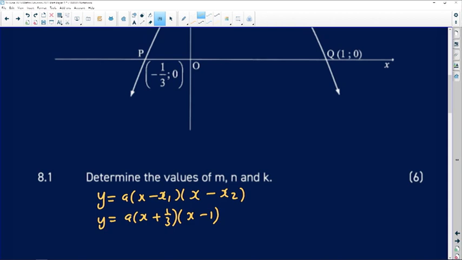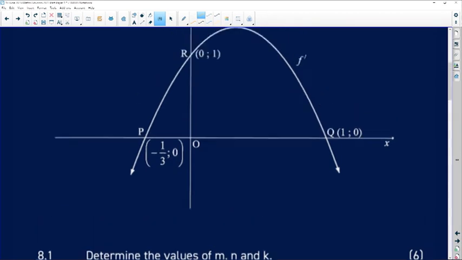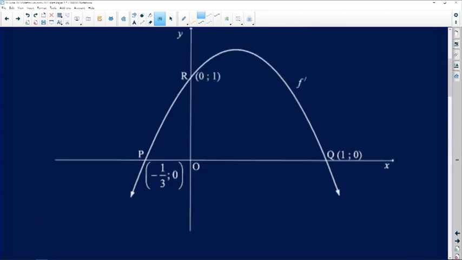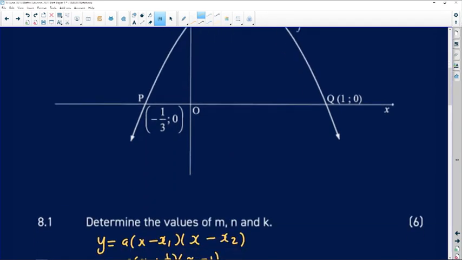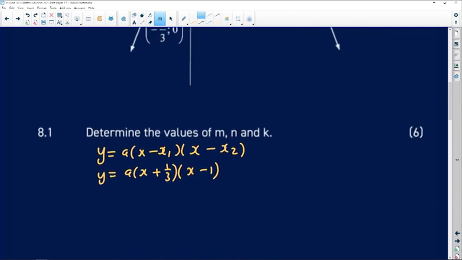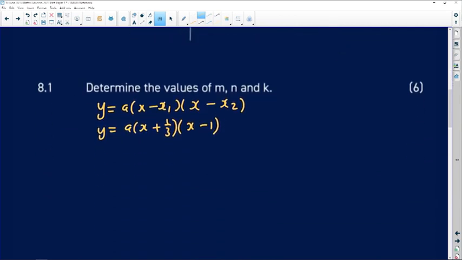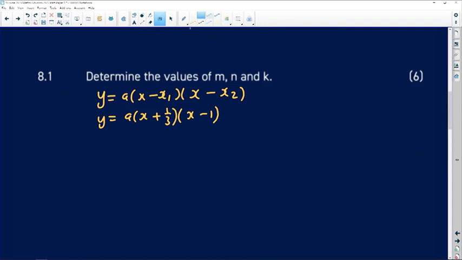Now for y and x, for me to work out the value of a, I'm going to substitute the point that was given to us, and that point happens to be R with coordinates (0, 1). So my x there is 0 and my y is 1. So I have 1 for y, and I have x as zero, but everything else will stay exactly as it has been.